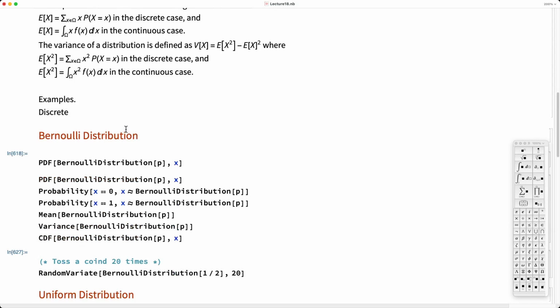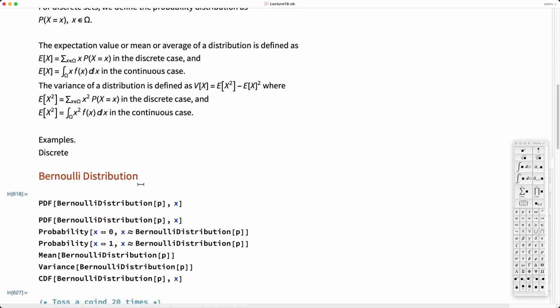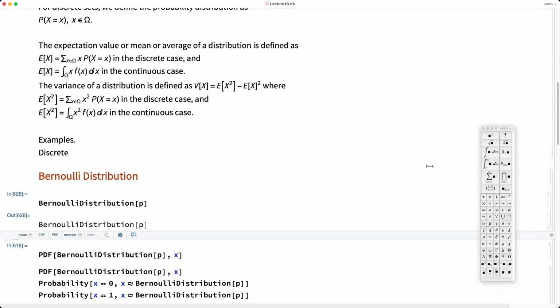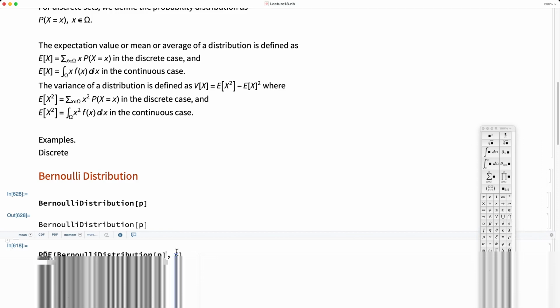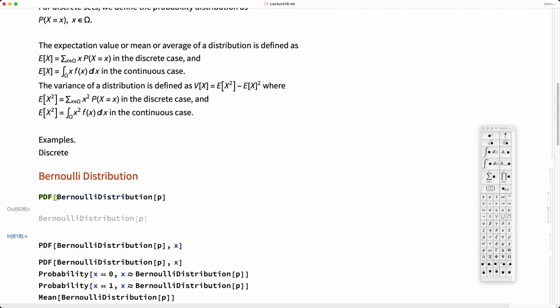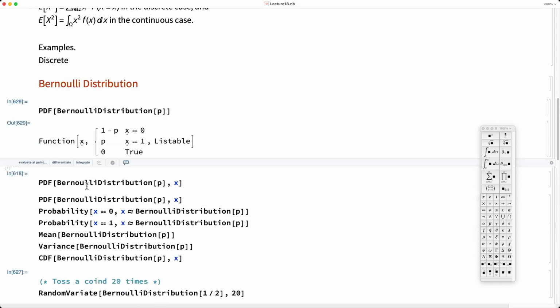Okay, so let's consider some examples. So let's consider a Bernoulli distribution. In Mathematica, you can simply type BernoulliDistribution, but you will not get anything back. But if you type PDF, let's suppose we ask for the probability density function for the Bernoulli distribution with parameter p, then we get the definition of that distribution as a function of x.